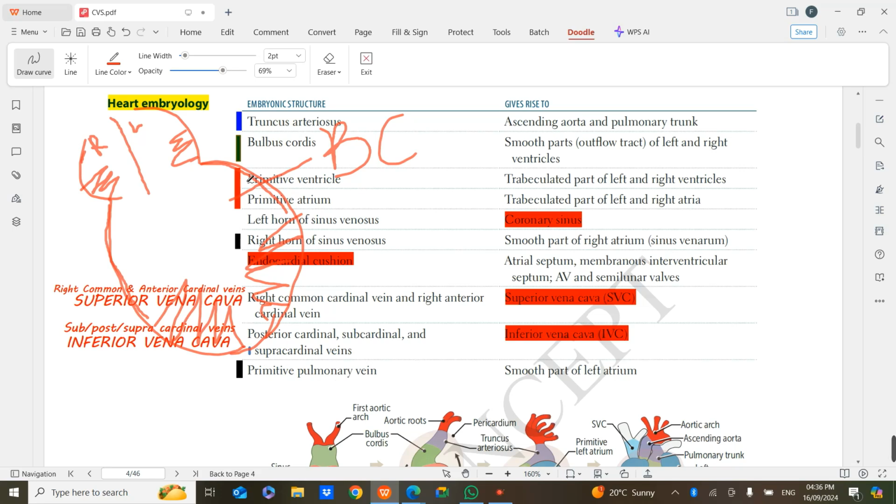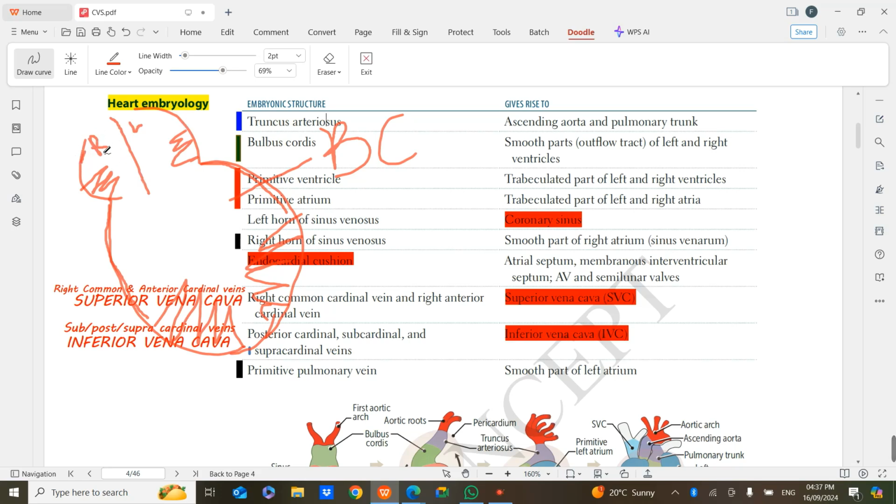Yes, I need to explain it like that so that you will not forget where it's coming from. This is primitive pulmonary vein. There is a condition we will be talking about later that is linked to this pulmonary vein, and that is atrial fibrillation. So primitive pulmonary vein gives rise to the smooth part of the left atrium. Very easy and straightforward.